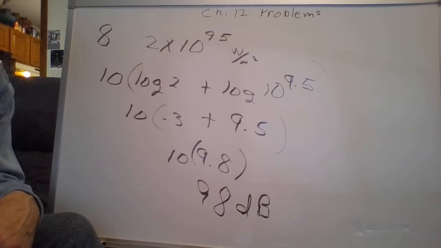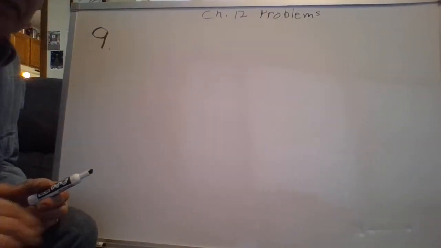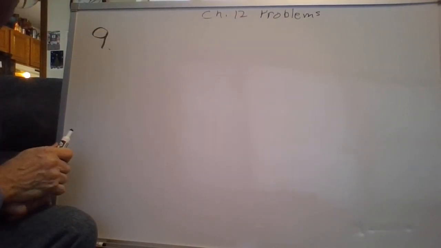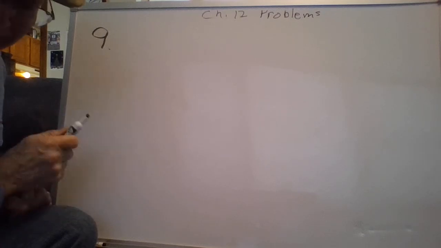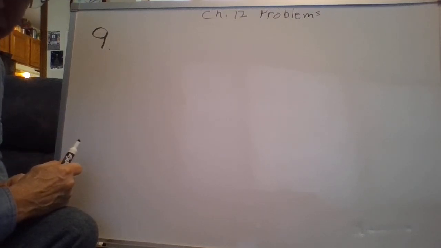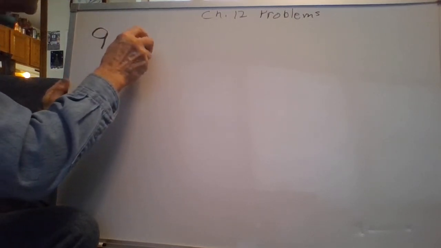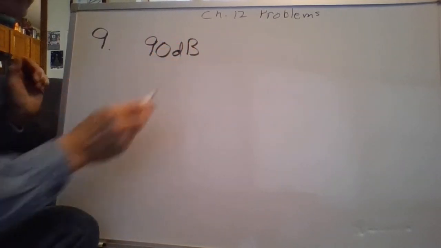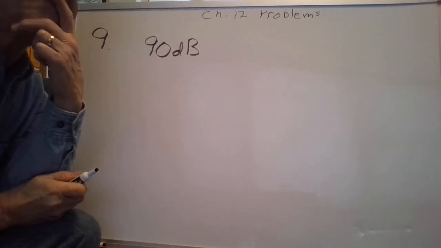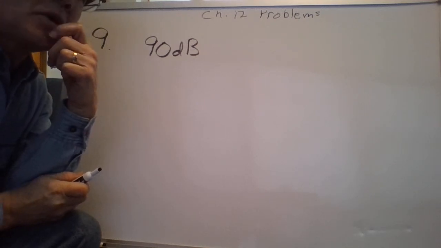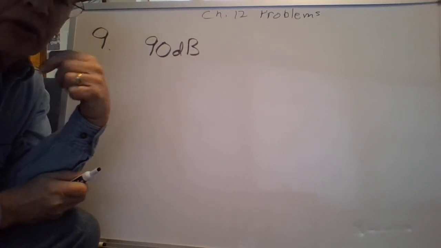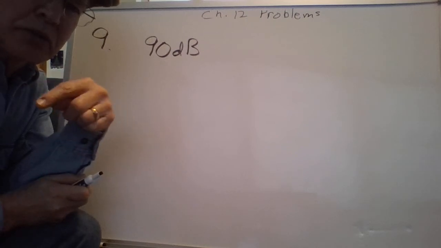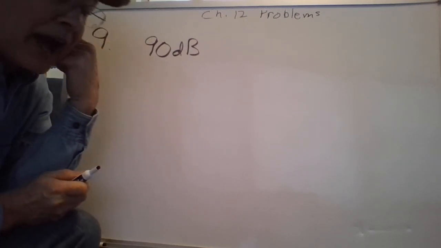Well, let's go to number 9. All right, number 9. How many times more intense is a 90 decibel sound? An example of 90 decibels. Oh, I don't know if the hall at class change would be this loud. It certainly isn't now.